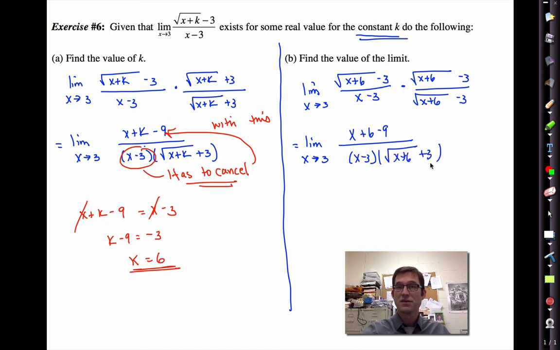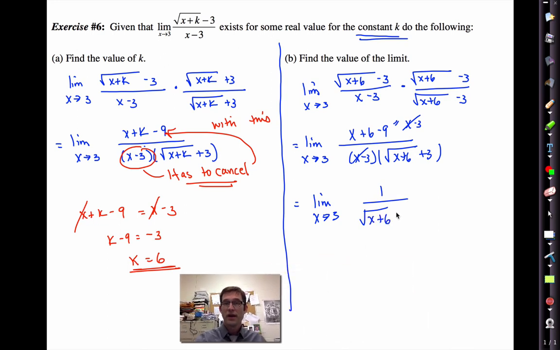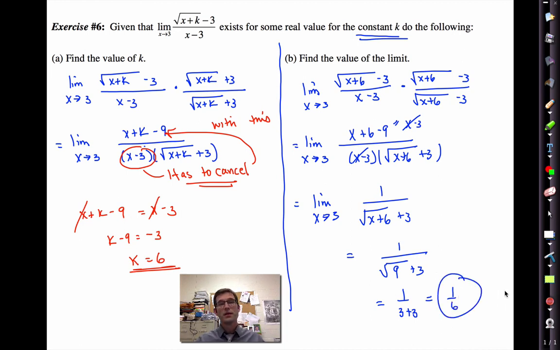Notice the parentheses there, right? This is going to be x minus 3, so cancel. So I have the limit as x goes to 3 of 1 divided by root x plus 6 plus 3. Now I substitute, so I drop the word limit, and I'll have 1 over 3 plus 3, or 1/6. And that's it.